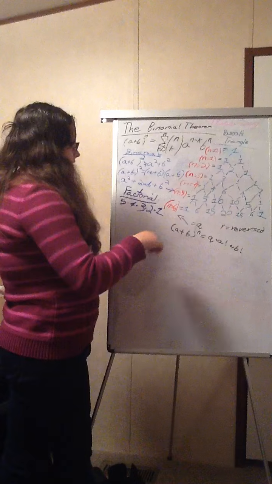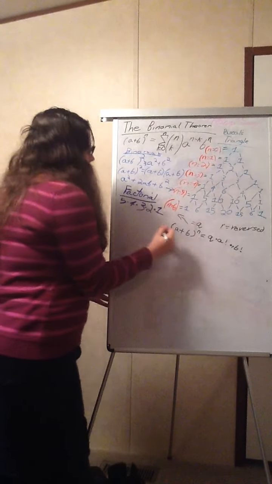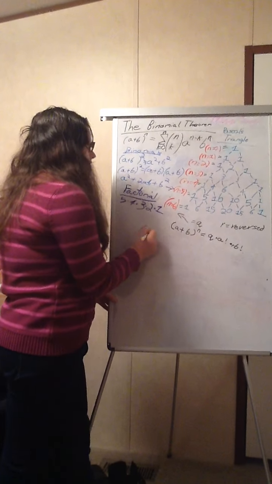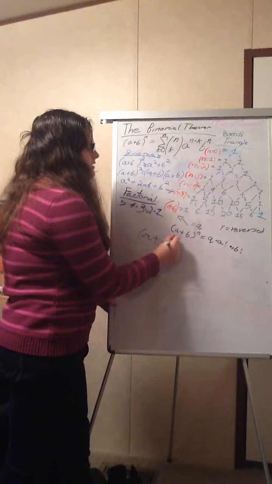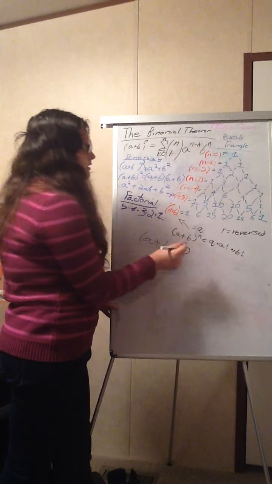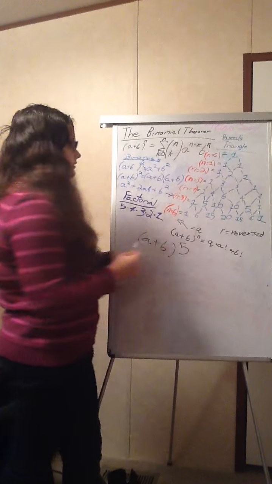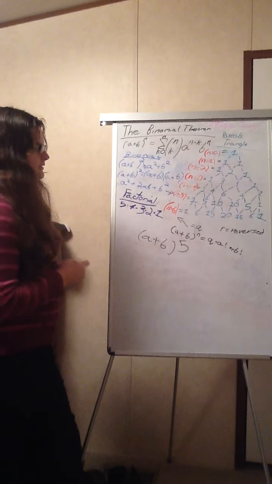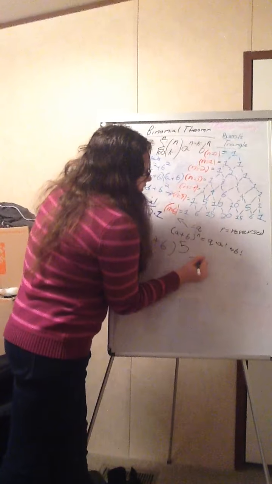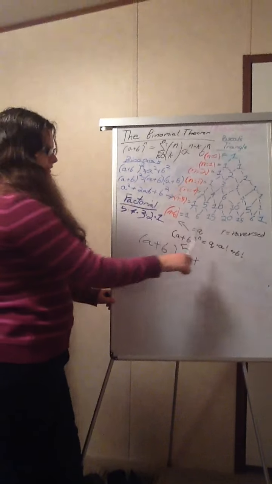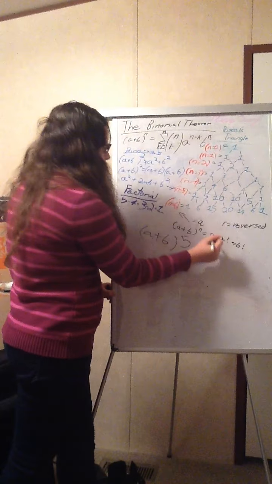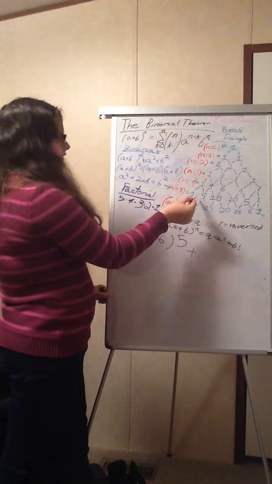So if our problem is (a + b) to the fifth, we'll find n equals 5, which is the sixth row, and simply use our equation. So q, go up here, find q equals 1.